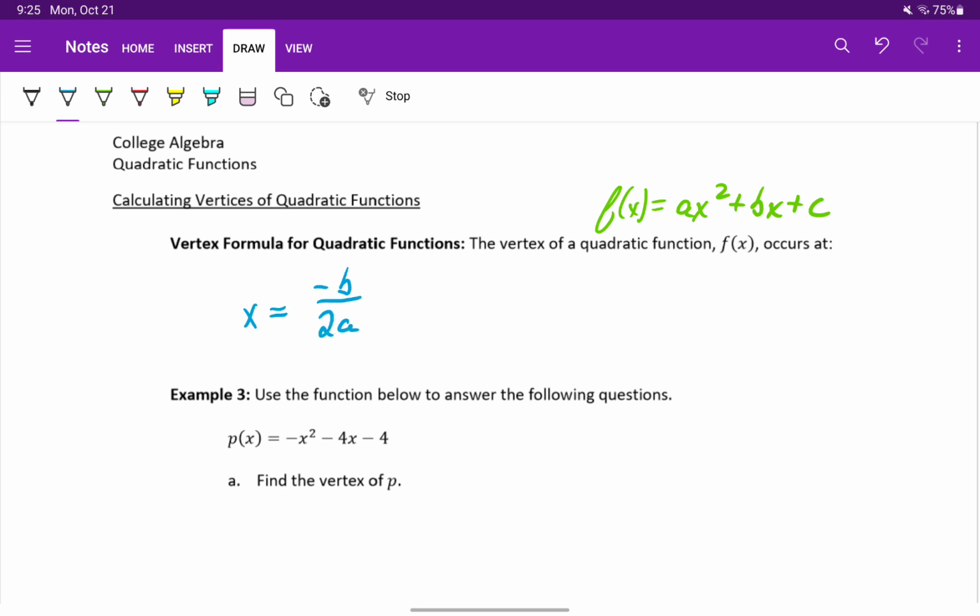So we just look for those corresponding coefficients in that general form of the quadratic function. And then to get our y-coordinate, we'll evaluate the function at the opposite of b over 2a, meaning we'll take whatever x value we come up with and substitute that into our function to generate the corresponding y value.